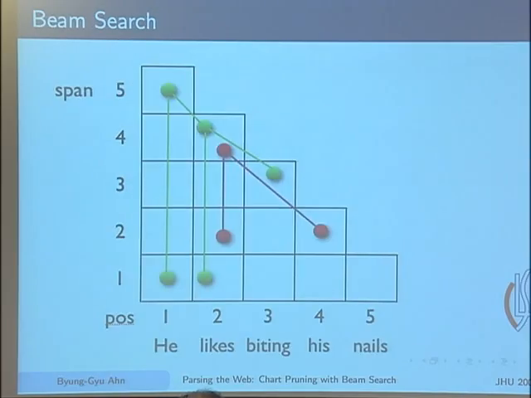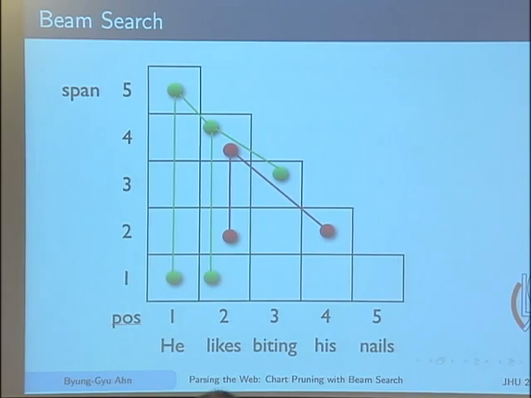And let me talk about our approach in more detail. So here's the CKY chart, and each cell in this chart corresponds to a subsequence of the sentence. For example, the cell 2,4 corresponds to the subsequence lice biting his nail.